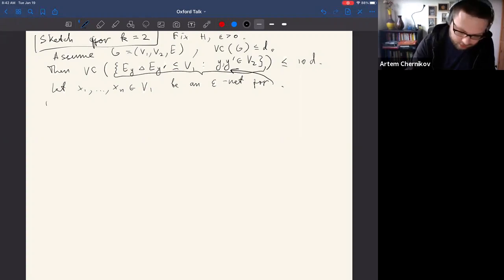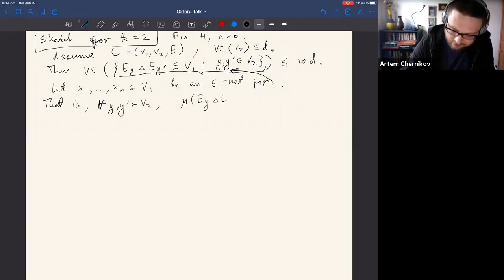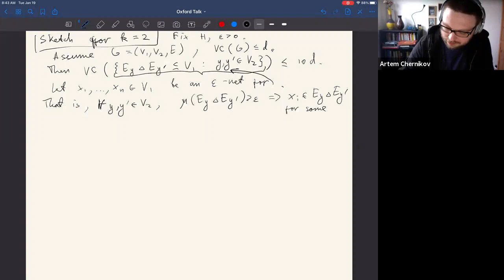It means that for any pair of vertices Y and Y prime in V2, if the measure of the symmetric difference of the corresponding two fibers is greater than epsilon, then at least one of these x_i belongs to the symmetric difference.